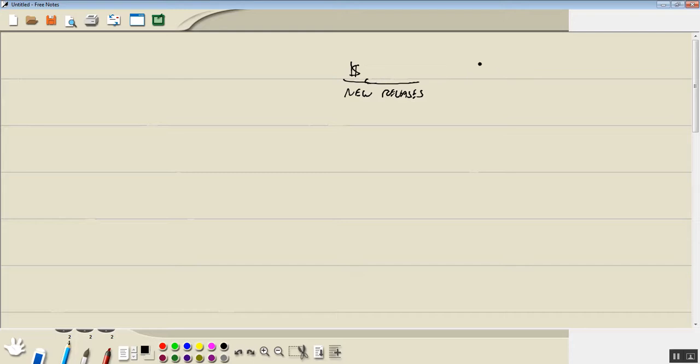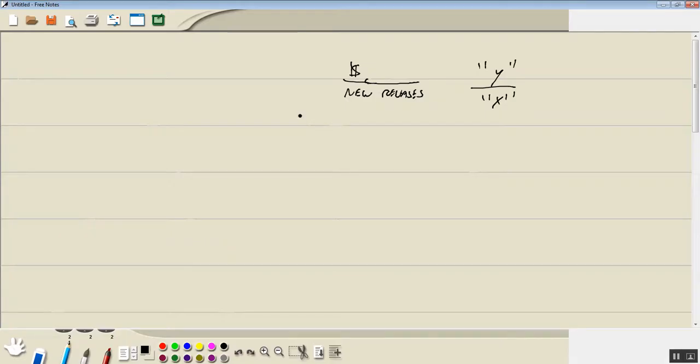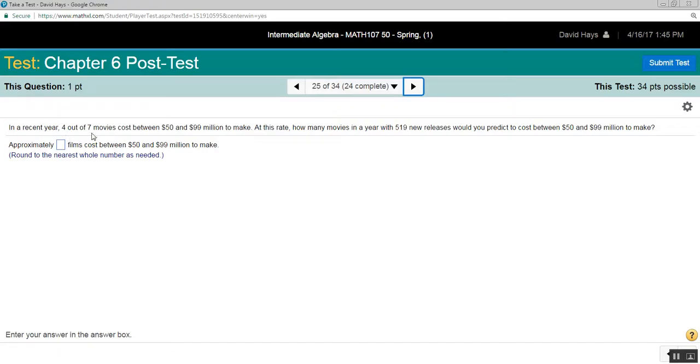Now if I think of this as a change in Y over the change in X, that means X is our new releases. So, I'm reading it wrong. This just simply says 4 out of 7 movies cost between this.